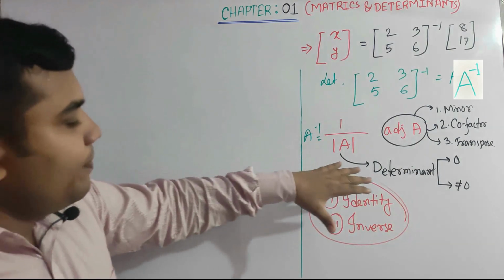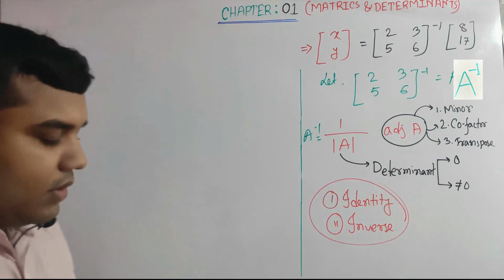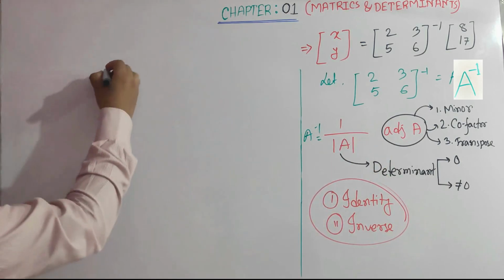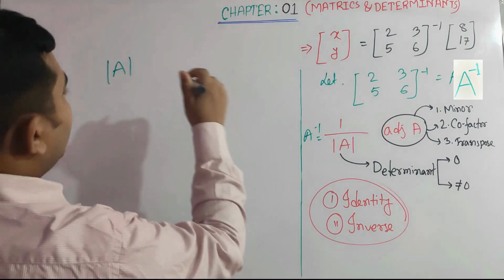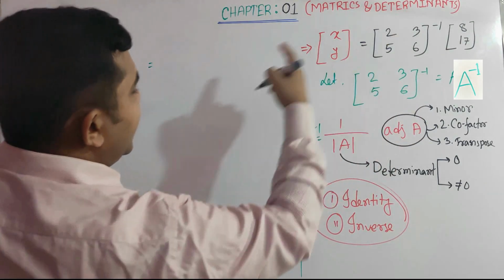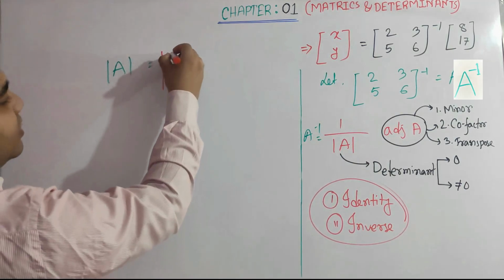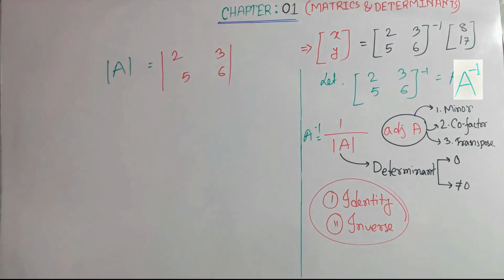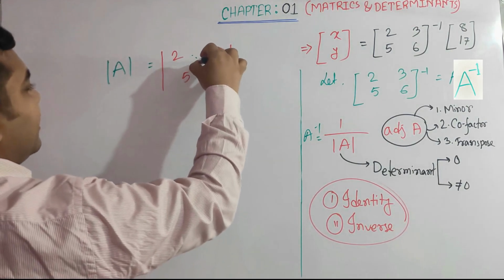Okay, so now we are trying to find a determinant. We can already understand that determinant is generally written this way. That means if this is our matrix, the determinant of that matrix will actually look like 2, 3, 5, 6, and the calculation of the determinant is generally this way.